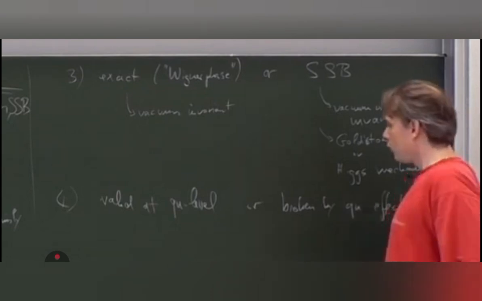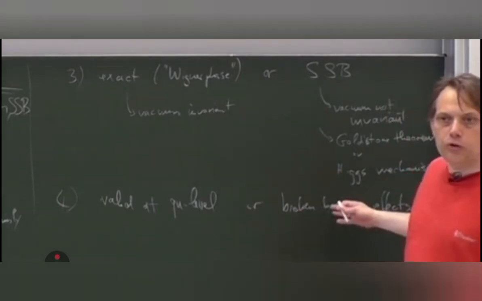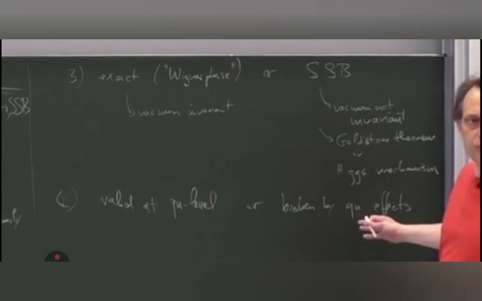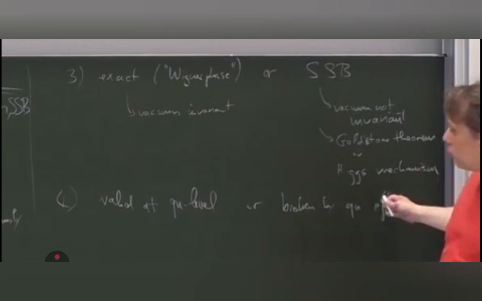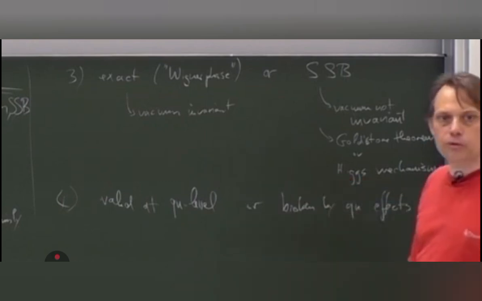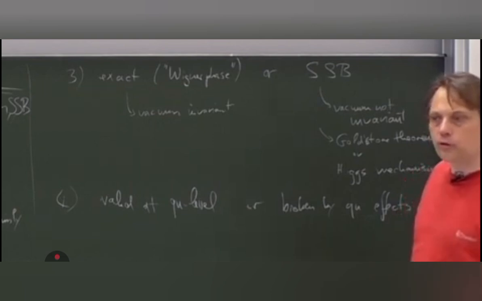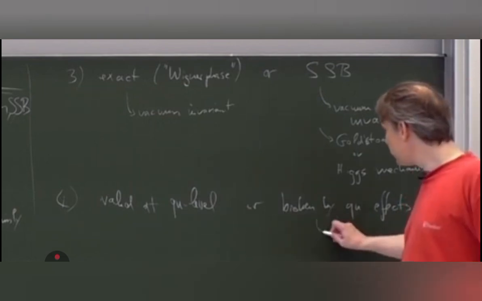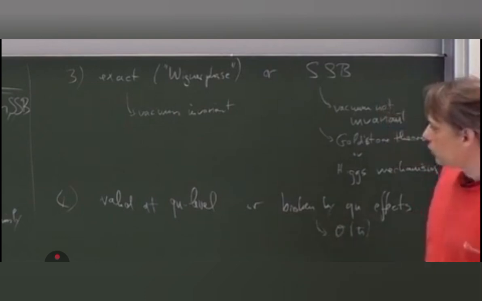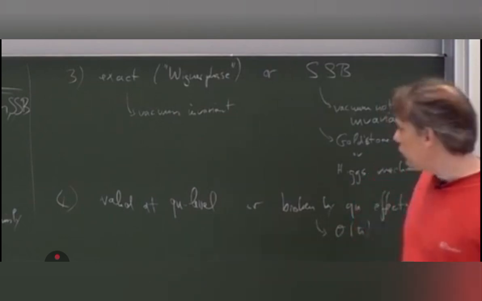In the second case, you have a symmetry of the Lagrangian, so your classical counterpart of the theory has a certain symmetry, but the quantum theory that is connected to the Lagrangian does not have the same symmetry. So the symmetry will be broken by effects of the order h bar, which are not visible on the classical level.